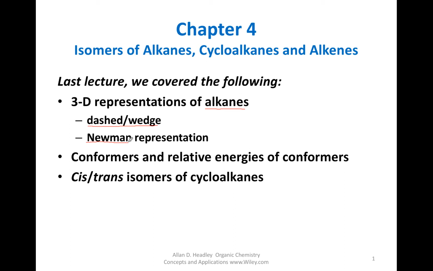This involves looking directly down a carbon-carbon bond and just describing what one sees. Next, we looked at conformers and relative energies. So in other words, we use the energy profile to place different conformers of the same molecule on the energy profile to indicate their relative stabilities.